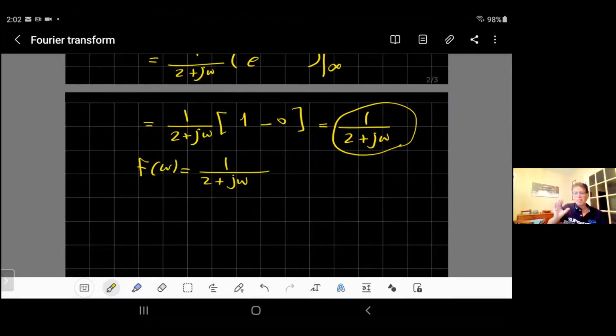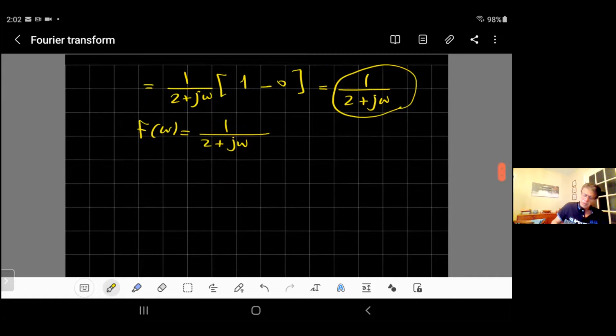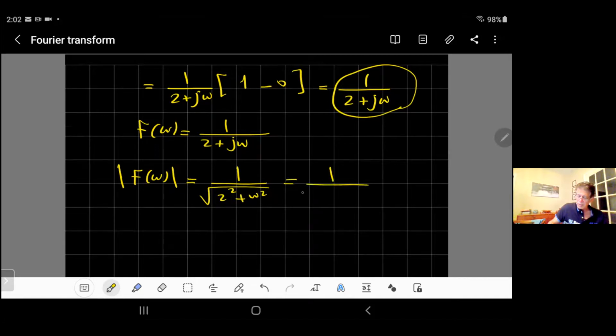We can have the magnitude and the angle. Well, the magnitude of the Fourier transform will be equal to 1 over the square root of 2 squared plus omega squared. That's the magnitude. So when you do that, you will have 1 over the square root of 4 plus omega squared.